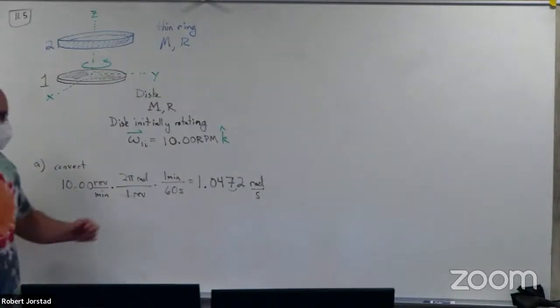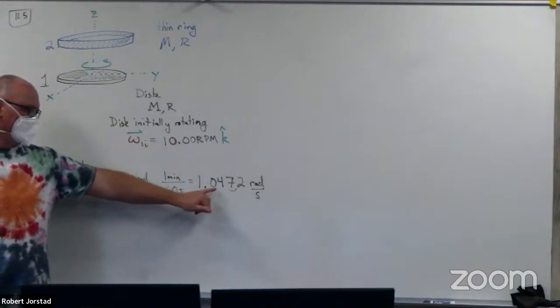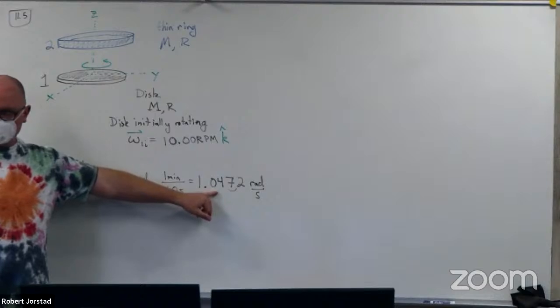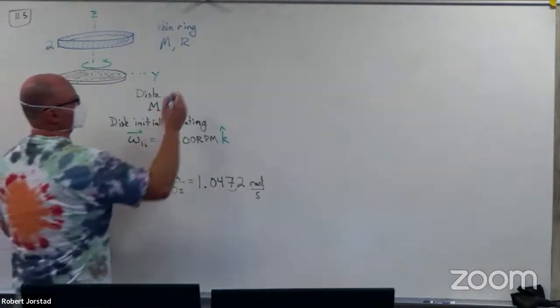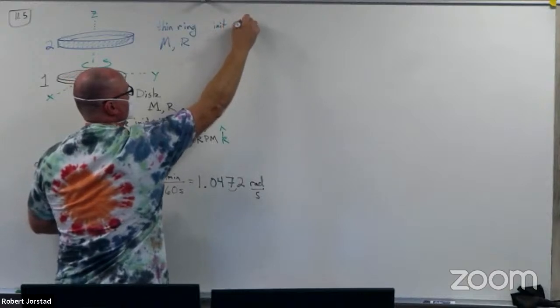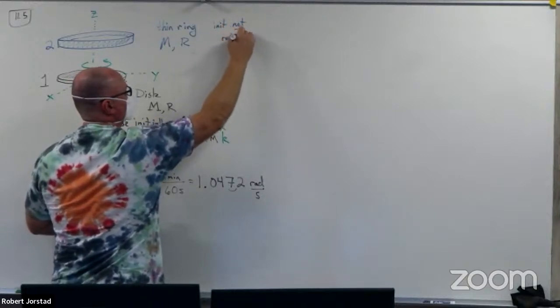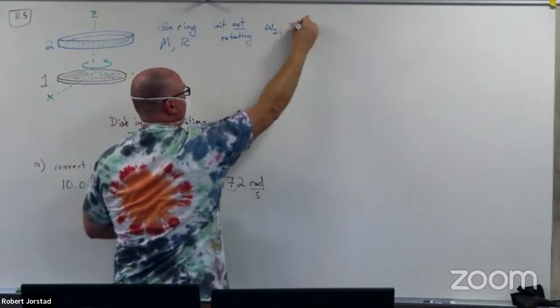So initially, this thing's rotating at 10 RPM, or about 1 radian per second. We're going to drop this thin ring on it. And the thin ring is initially at rest. So we could say that by saying omega 2 initial equals 0.